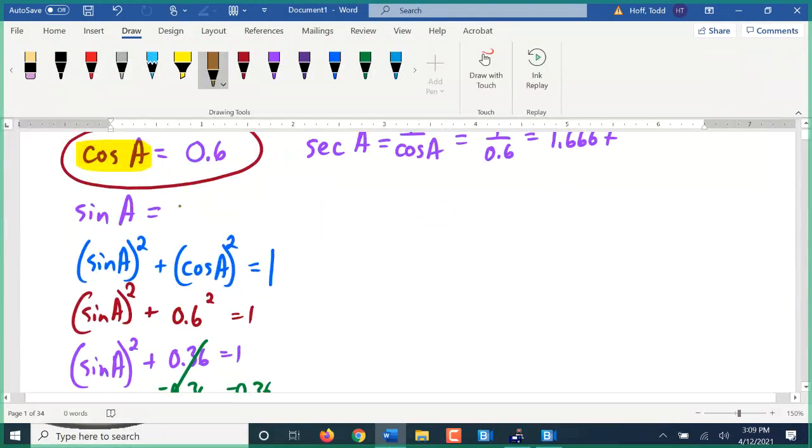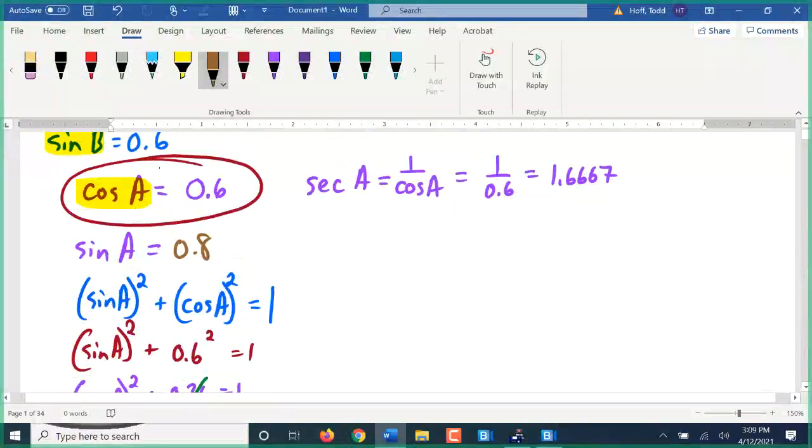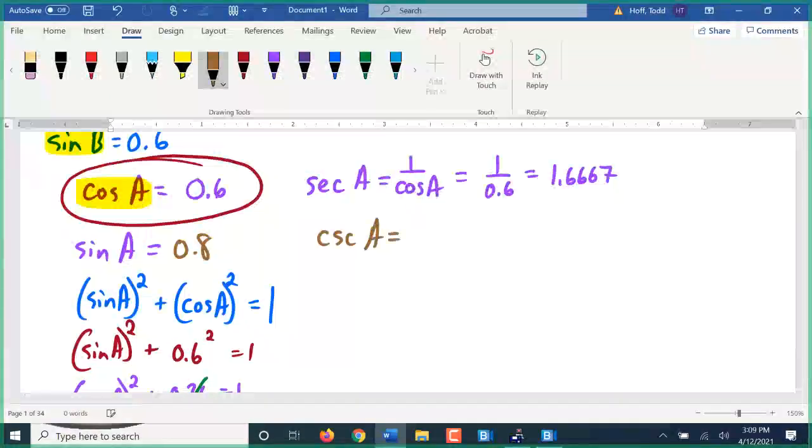Sine of angle A is 0.8. What about the cosecant of angle A? It's 1 over sine of A.